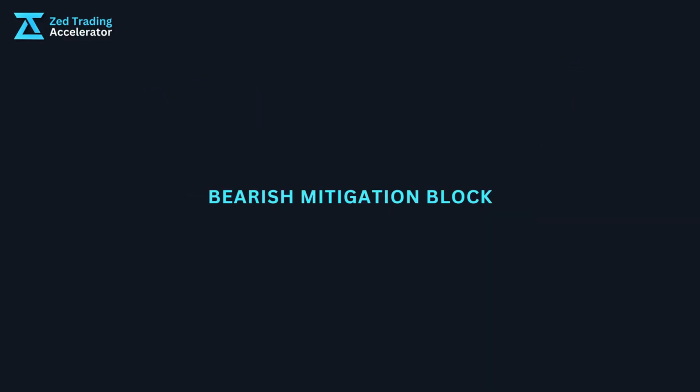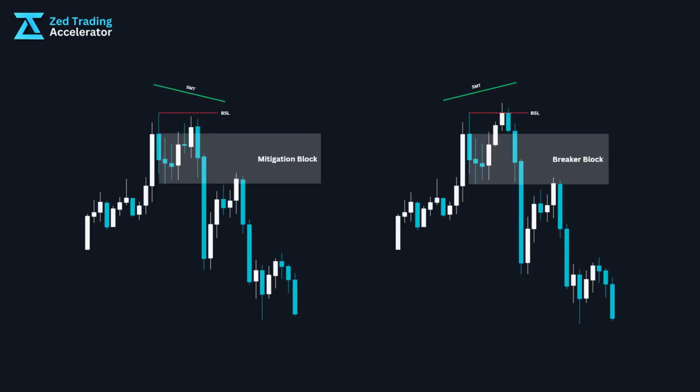Now, let's go on into the bearish mitigation block. As we can see right here, we have another SMT divergence. This pair took out this buy-side liquidity, but in this pair, we failed to take out this buy-side liquidity, which means there is a crack in correlation.